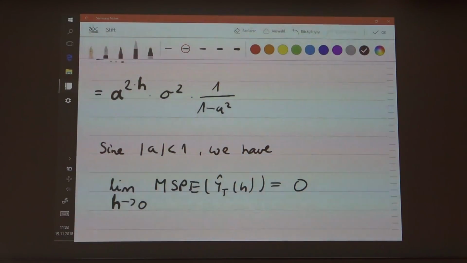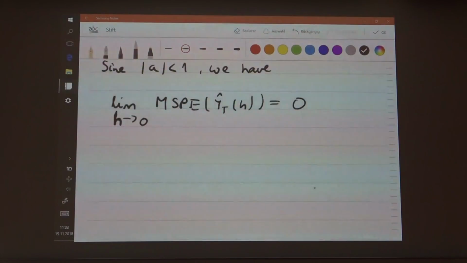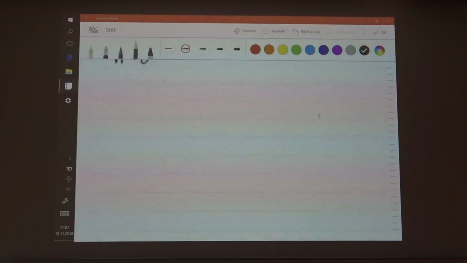Now, guys, I don't want to bore you with that, but this is just something that we have. This was the case for the first order autoregressive process. How would you generalize this to higher order processes? I'm just going to give you the results.